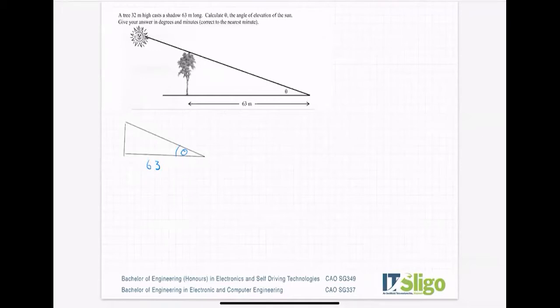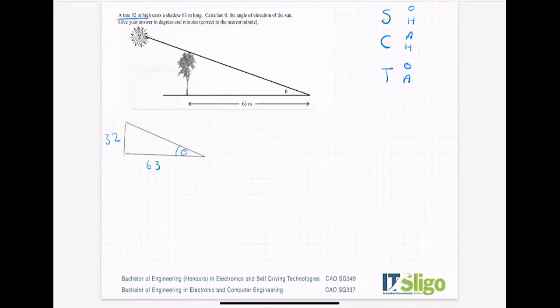I knew there had to be another piece of information because normally when you're solving a triangle, you have two pieces of information, and you can see here I have only one, the 63. So that's why I was looking around for the other bit, and it's here. The tree is 32 meters high. Okay, and then whatever rhyme you know it, silly old Harry caught a heron trawling off America.